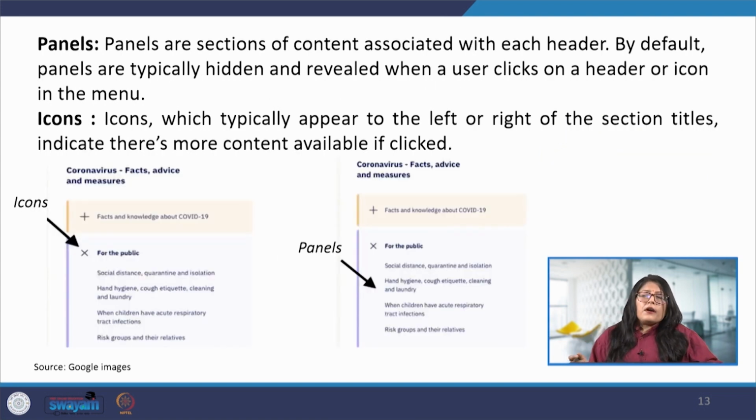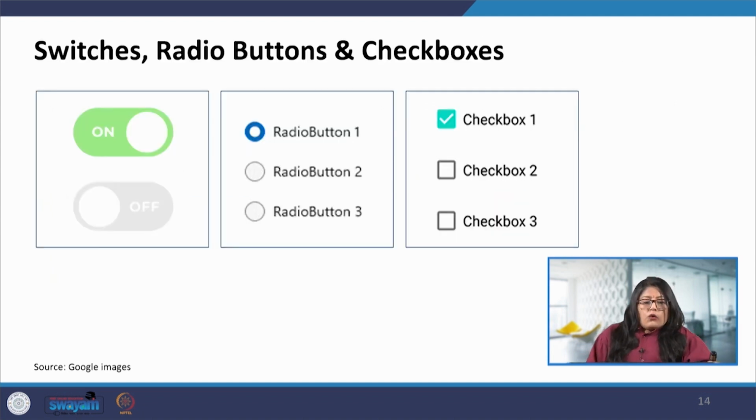Now, similarly, there are panels, and again we can see how this plus sign, when we click on it, opens up, and there is further information that the user can read. Now, switches and radio buttons and checkboxes.